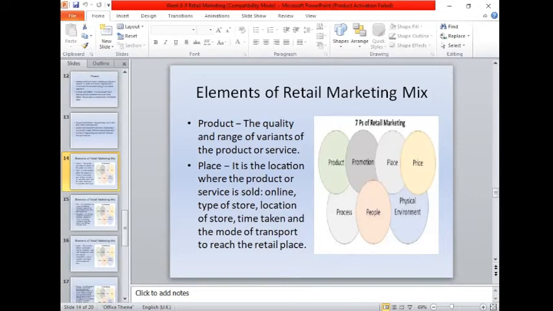Okay. The place is about the location of where the product is sold, so it talks about distribution channels. In the physical store, it is about the store location and the transportation. And in the online store, it is the location where the products are to be delivered.